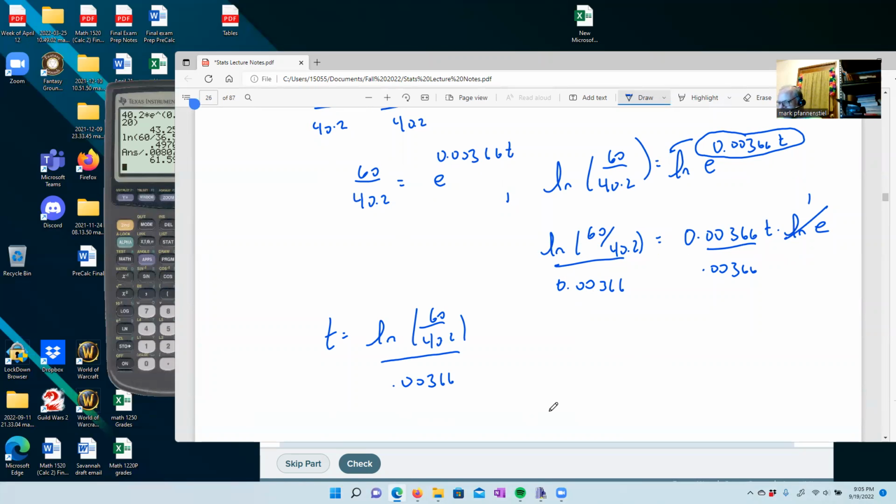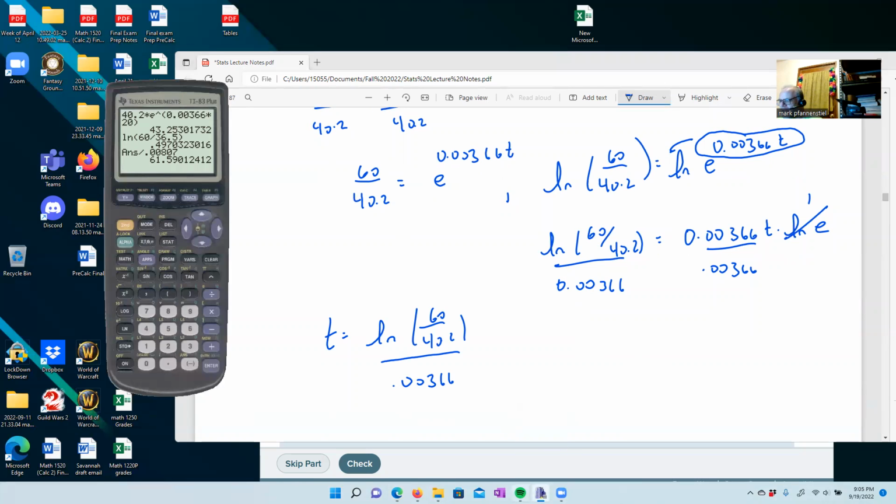Let's plug that in the calculator. We'll print that out. So we'll say clear, and we want 1 over 0.00366. We could also divide, that would work.